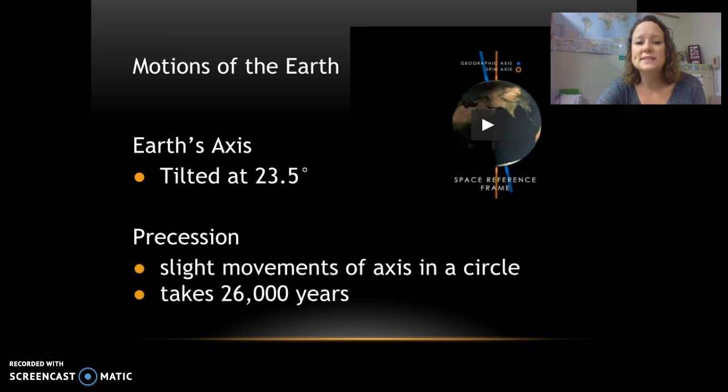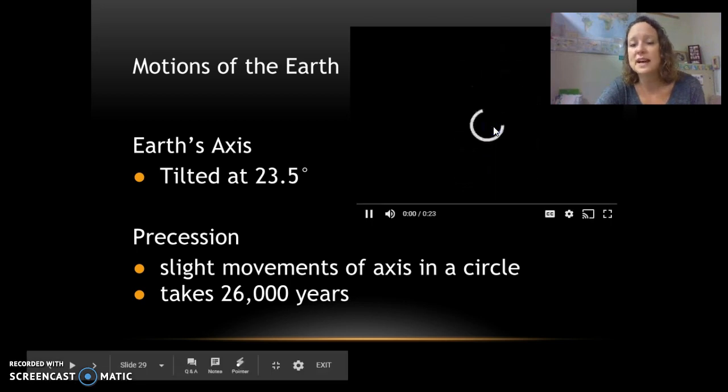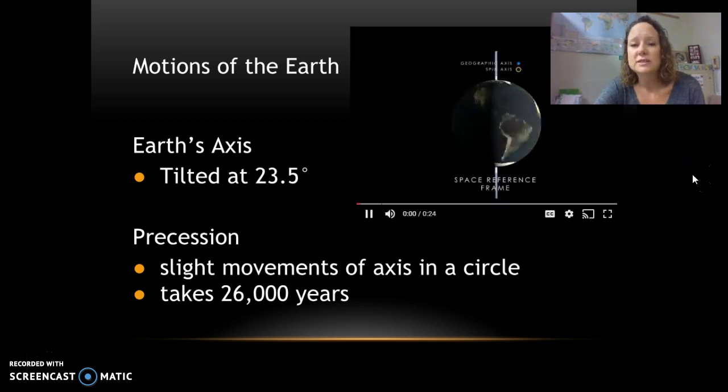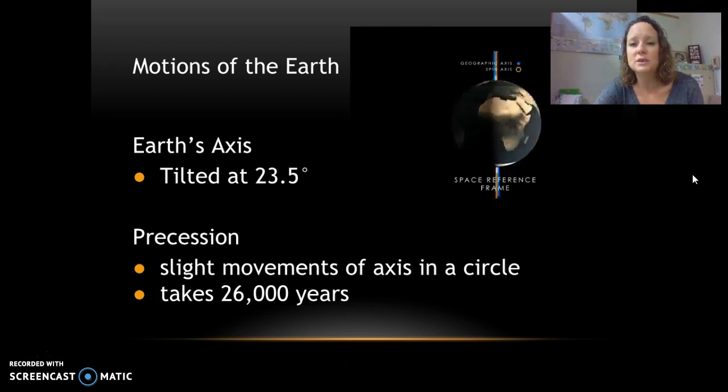It takes 26,000 years for the Earth's axis to make a complete circle. So notice in the video, if the Earth's axis had no tilt, this is what it would look like. But actually it is tilted and it is spinning in a circle, kind of like if you spin a top on the ground and the top moves in a circle. And again, that takes 26,000 years for our axis to make a complete circle.